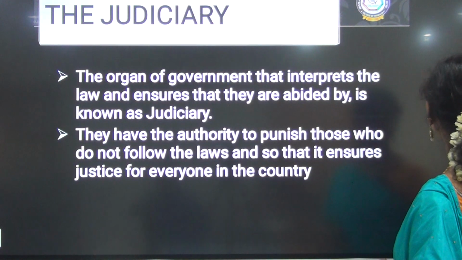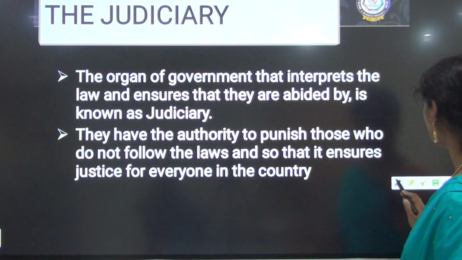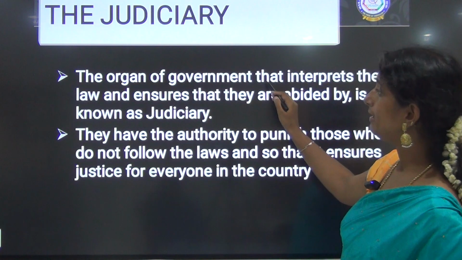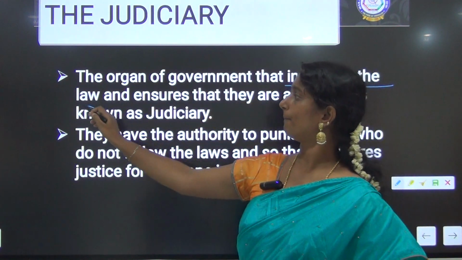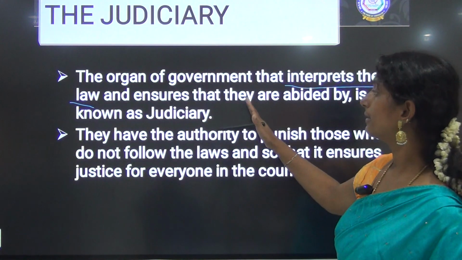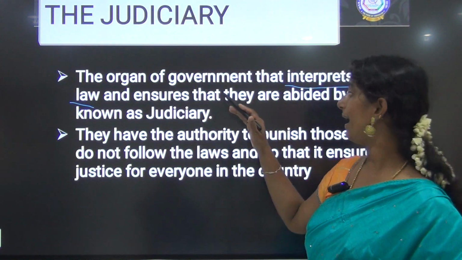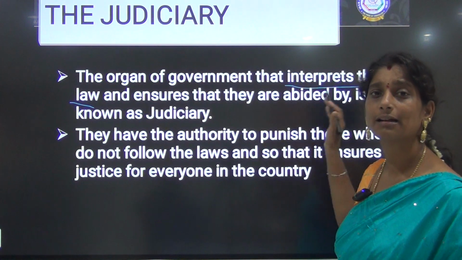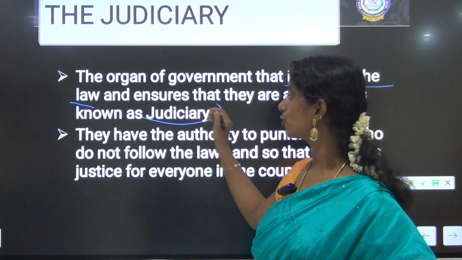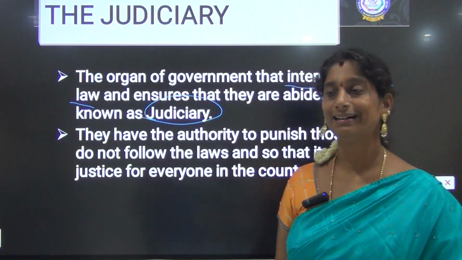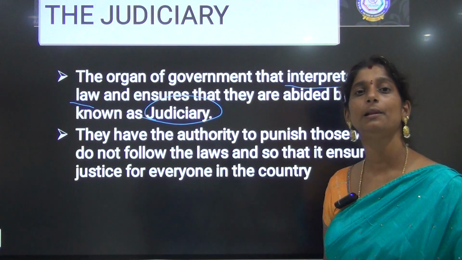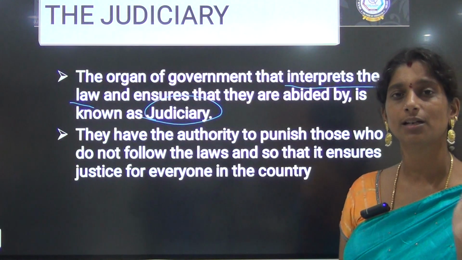That is the work of the judiciary. It interprets the law and makes sure that it is abided by the people, and that department is called the judiciary. Clear? They have the authority to punish the people who do not follow the rules and laws.